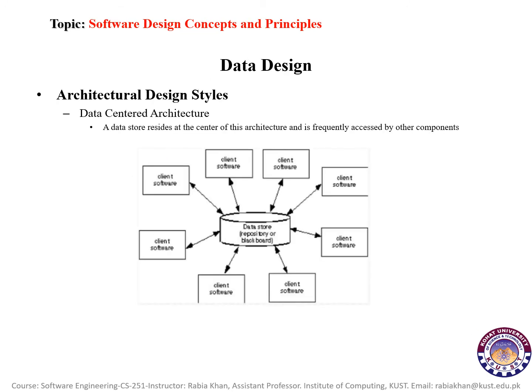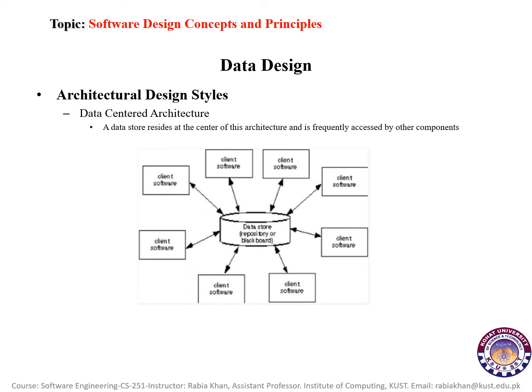The architectural style is known as a pattern for construction. The software that is built for computer-based systems also exhibits one of many architectural styles. Every style describes a system category that encompasses, number one, a set of components that perform a specific function required by the system.